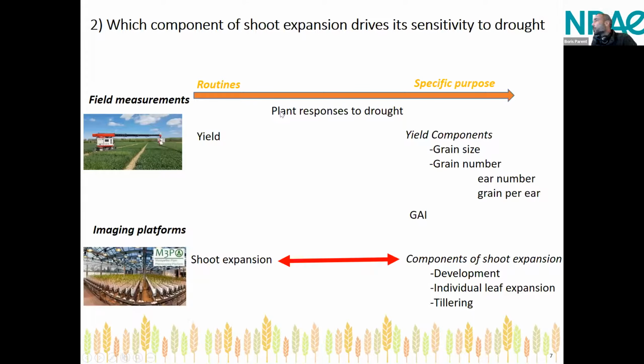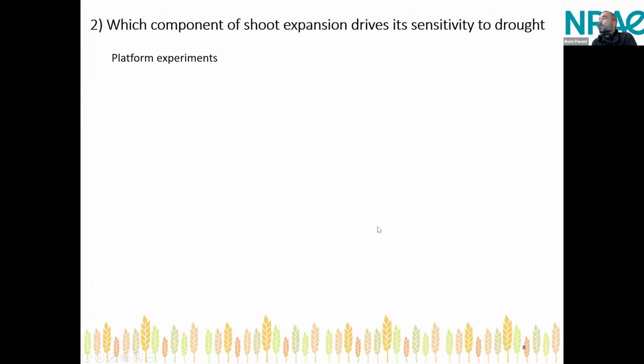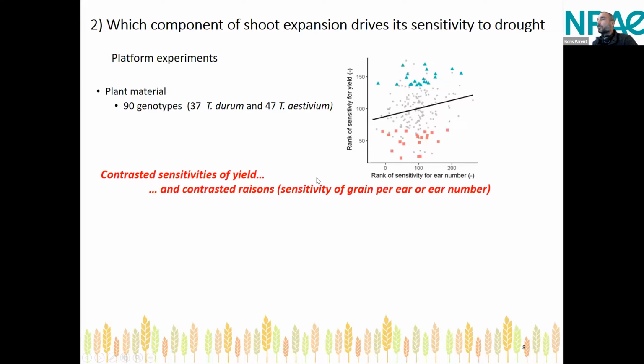The second thing that we observed was, in the platform, the link between the response of shoot expansion, the whole plant shoot expansion, and its components. So in the platform experiment, we had 90 genotypes, half of durum and half of bread wheat.